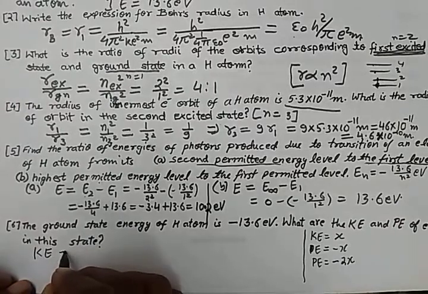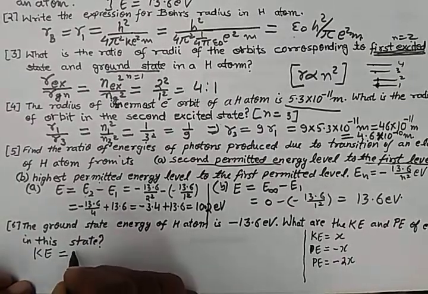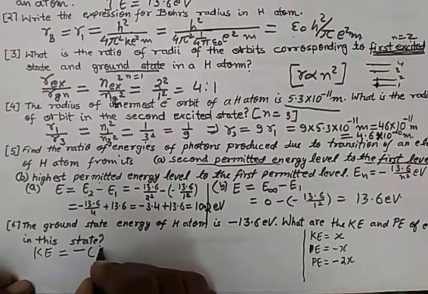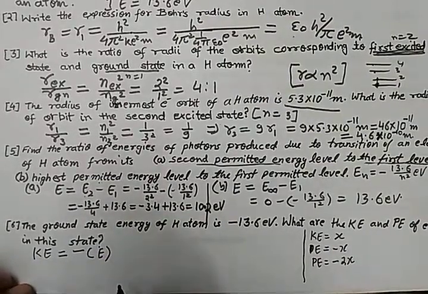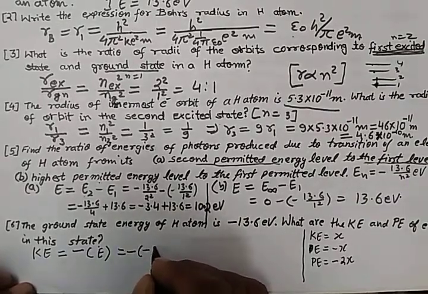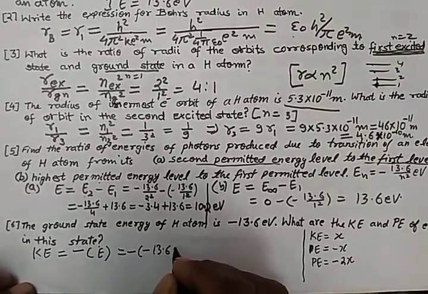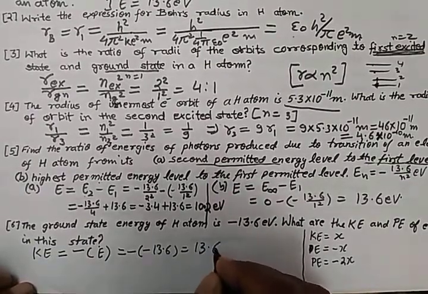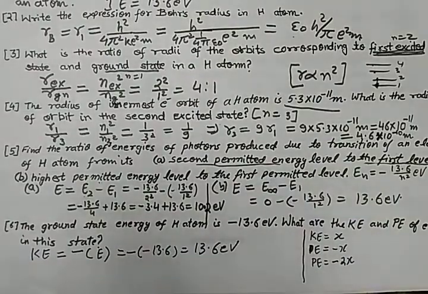the answer is kinetic energy is equal to negative of total energy, that is minus of minus 13.6, and that is 13.6 electron volt.